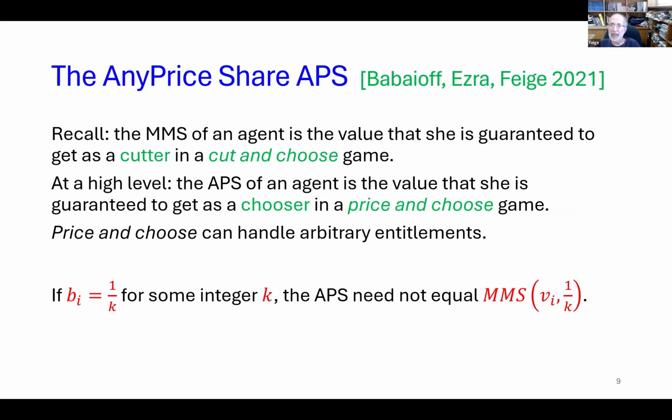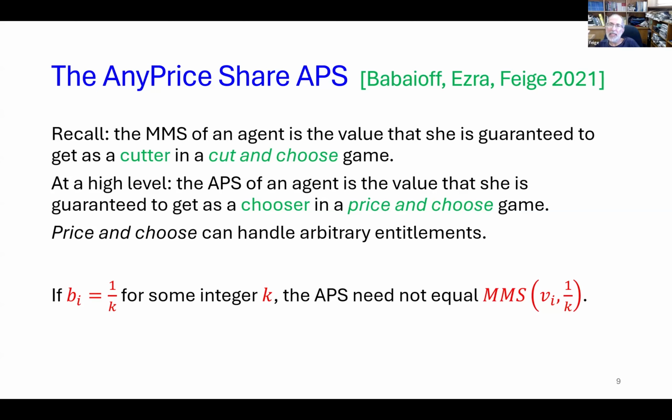Price and choose is somewhat related to cut and choose, but the difference is that the operation of pricing can be done also in cases of unequal entitlement, whereas cut and choose makes sense only in the case of equal entitlement. So even if the entitlement is 1 over an integer, 1 over k for some integer k, the value of the any price share need not be equal to the value of the MMS.